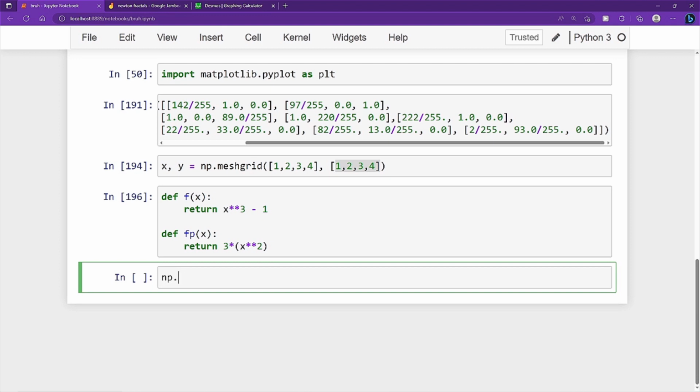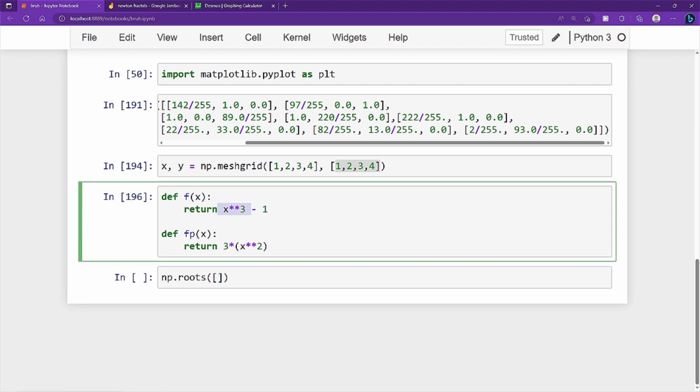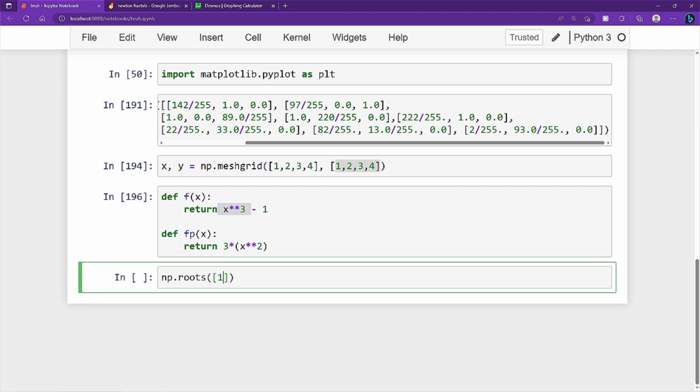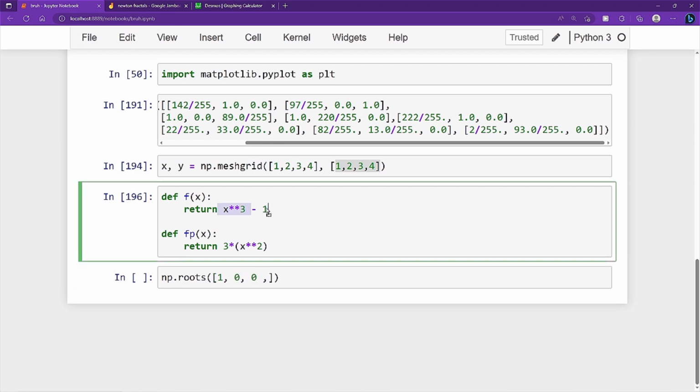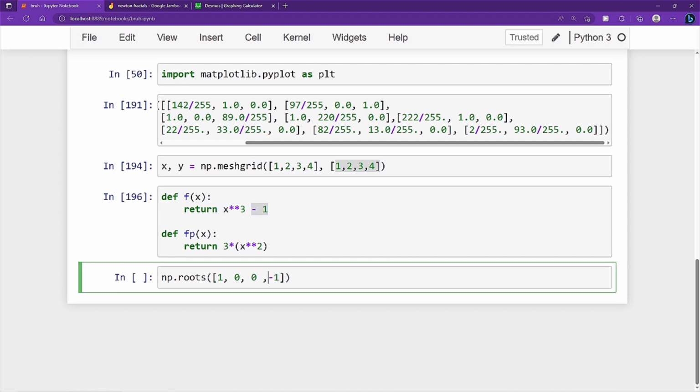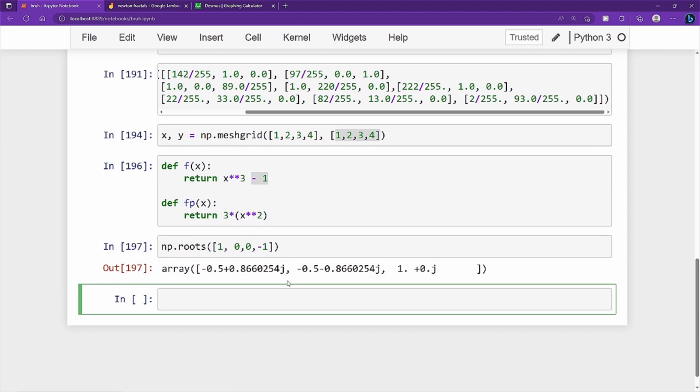The method that we're going to use, we talked about it before, is np.roots, and we can define polynomials like this. For example, x to the third power has coefficient 1, the power 2 has 0, power 1 has 0, and the power 0, which is the constant, has -1 as the coefficient.